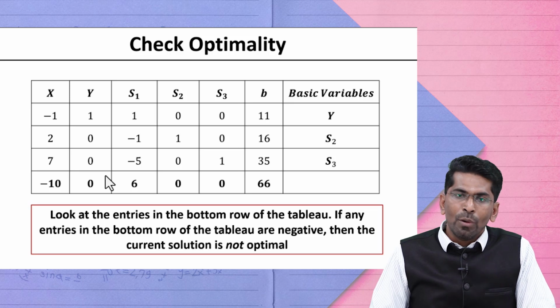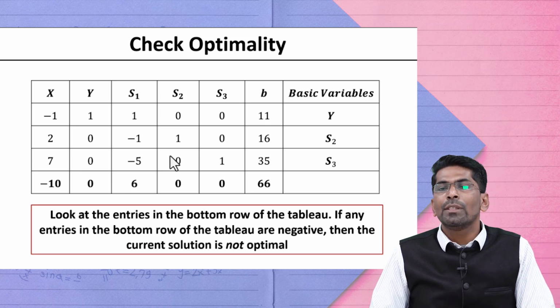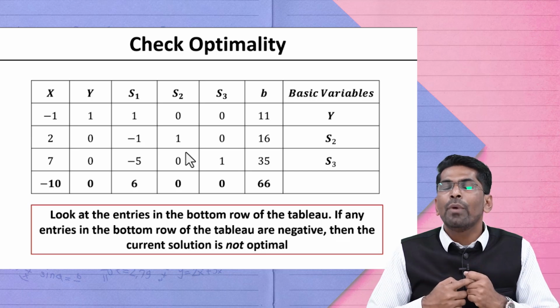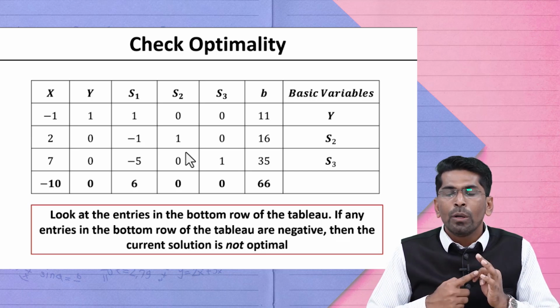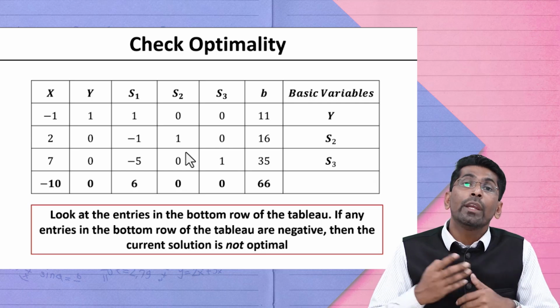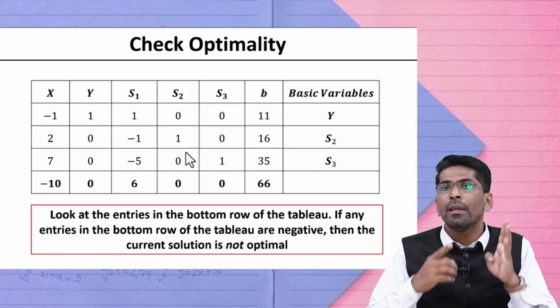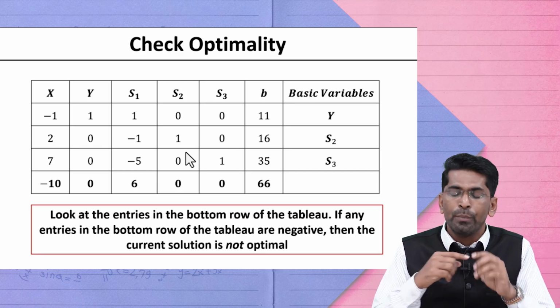If it is not optimal, then the next step is again the process of pivoting by identifying the pivot column, pivot row and the pivot element through the iterative process to create a new table.